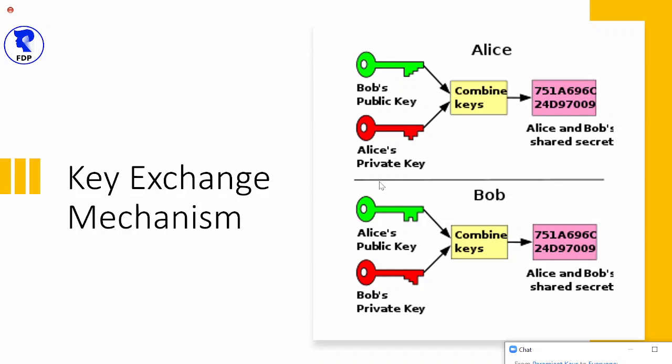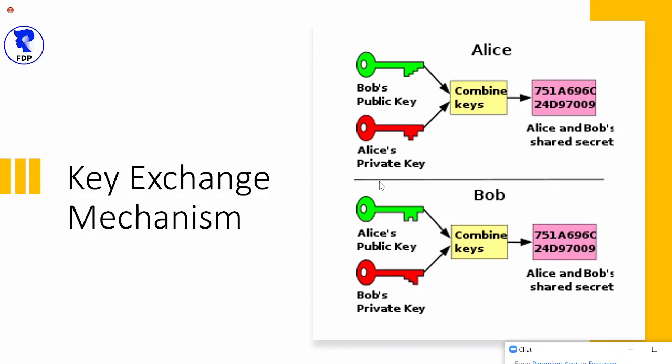And the way the key exchange mechanism works is, from the Alice side, Alice uses her own private key and Bob's public key, and a mathematical function on the combination results in a particular shared secret, which is the same as what is computed when Bob's private key is mixed with Alice's public key.